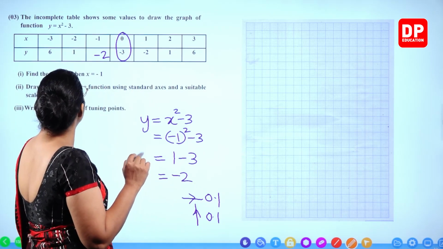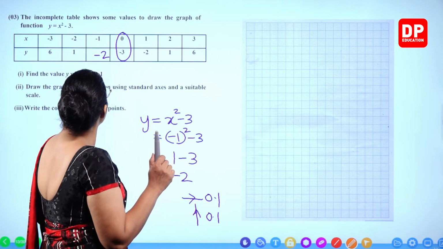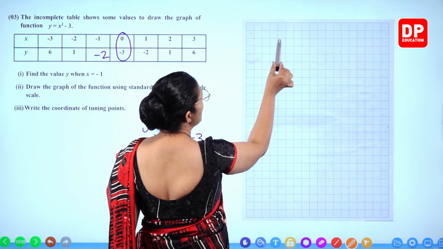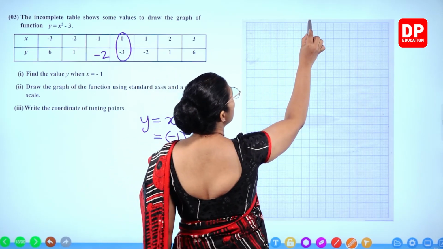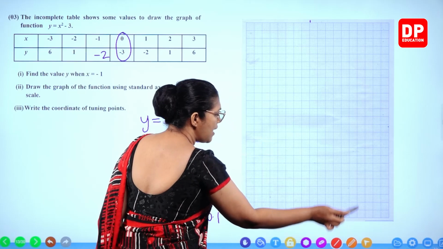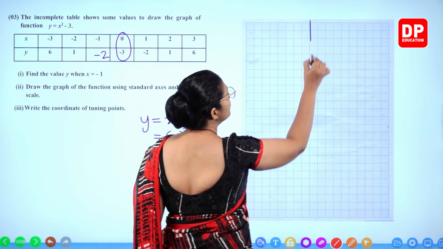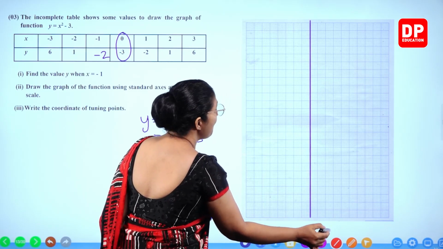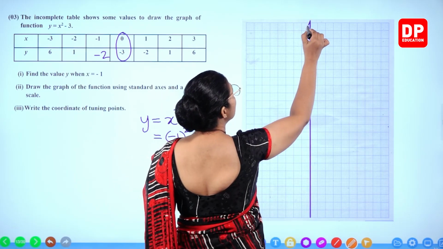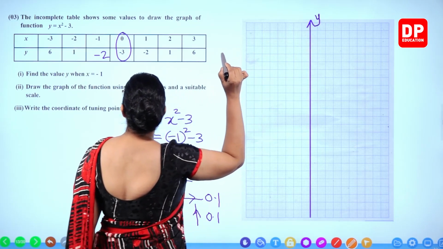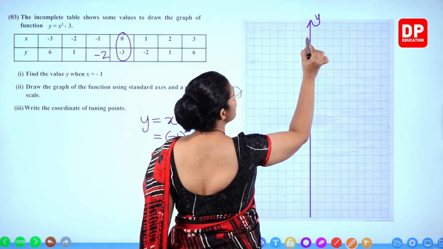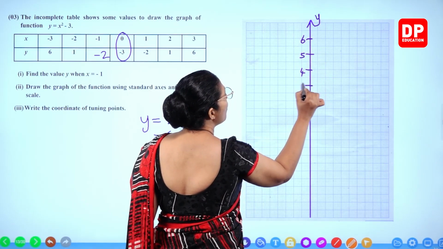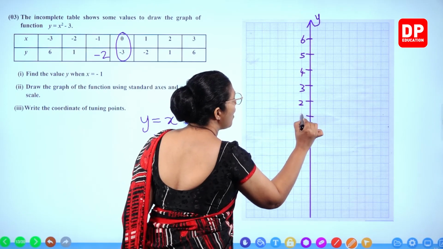So let's start to draw the axis. Minus 3, you can start here. Minus 3, minus 2, minus 1, 0. So you can draw the y-axis first. Then you can mark it starting from plus 6. So we'll start from 6 here. 6, 5, 4, 3, 2, 1, 0.